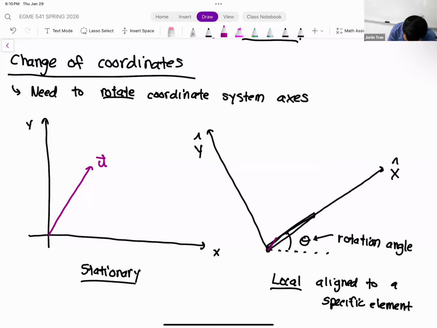The u vector on the left-hand side and the u vector on the right-hand side are the exact same vector. Now, the way that we describe this vector is going to be different in the two coordinate systems, because the way that you describe a vector is always relative to the coordinate system.